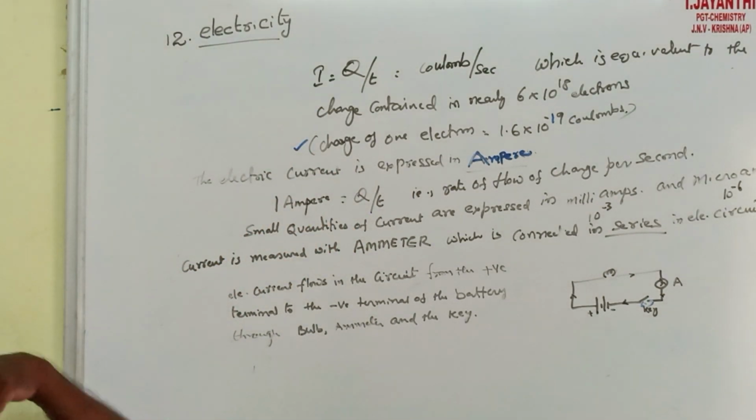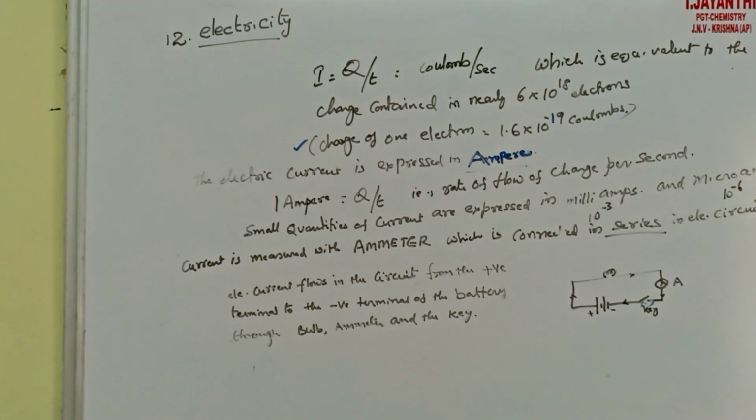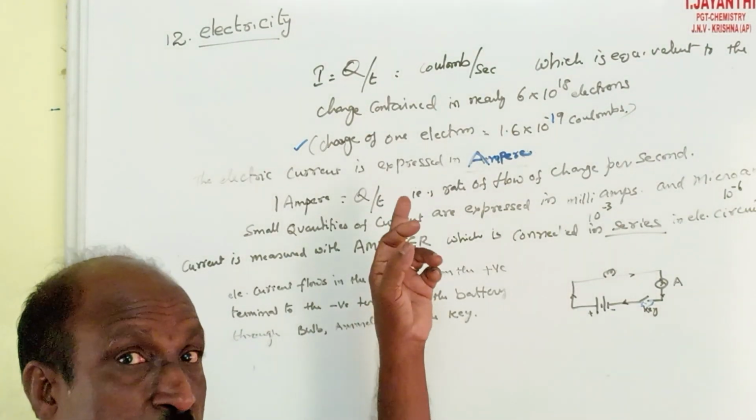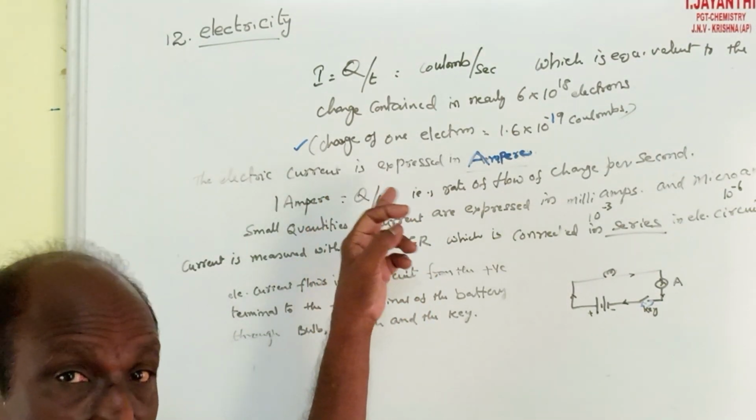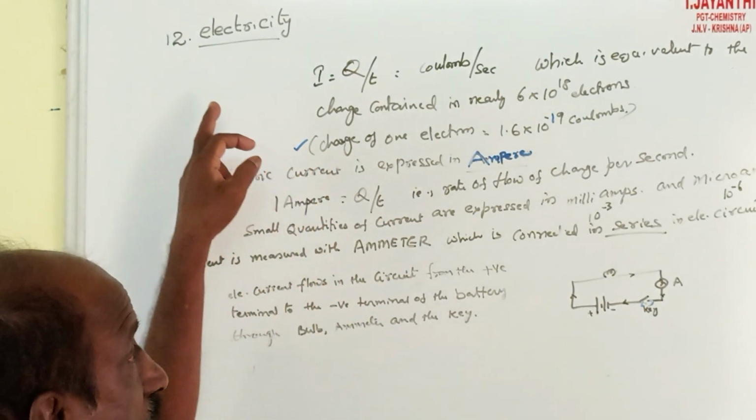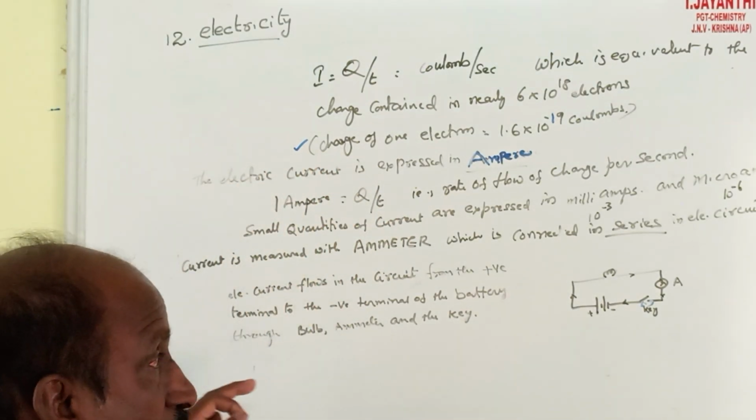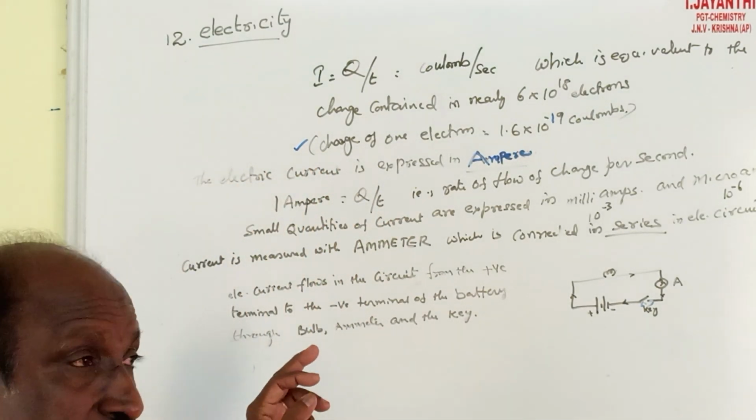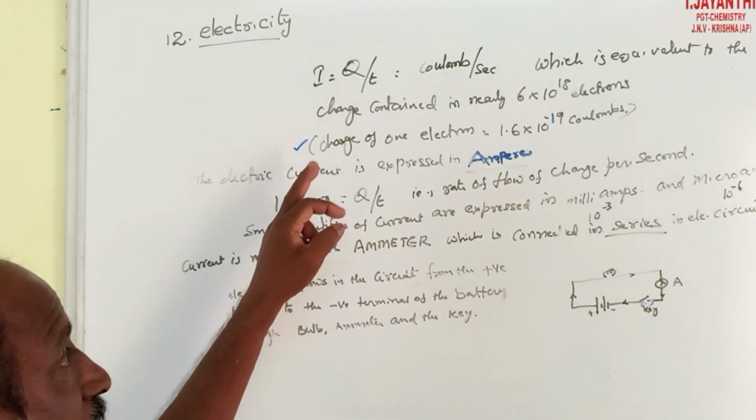What is meant by ampere? What are the units of current? And how much charge is equivalent to 1 ampere, and what is it expressed in terms of electrical charge? All these things I have given here. So try to remember these things, which are very, very important.